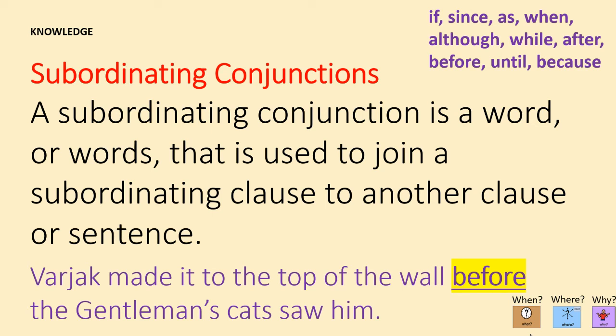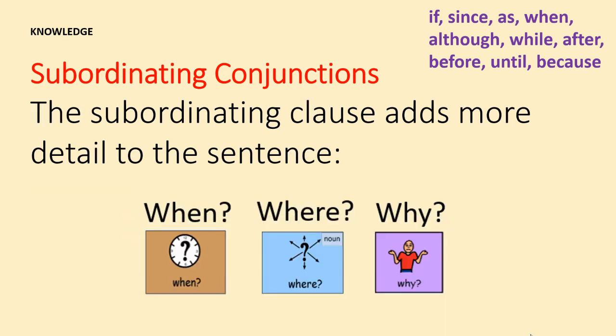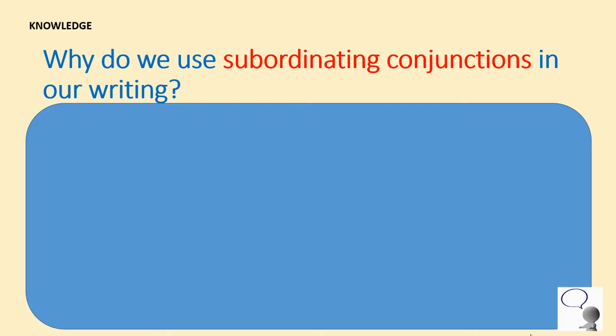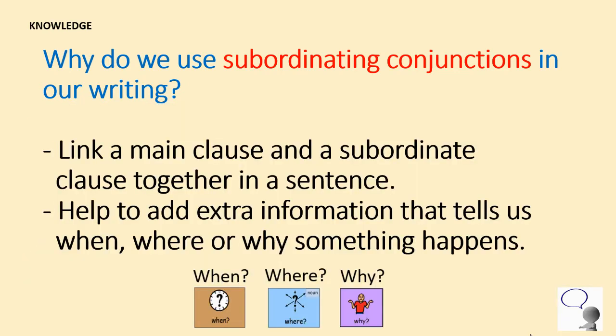And then the gentleman's cats saw him, that's our subordinate clause. So we're joining it together. Okay, really great so that we can add some detail to our writing. Okay, so the subordinate clause adds more detail to the sentence. It tells us when, where, and why. And we use subordinating conjunctions in our writing to link the main clause to the subordinate clause. And also it gives us extra information about what happened, when, where, and why.